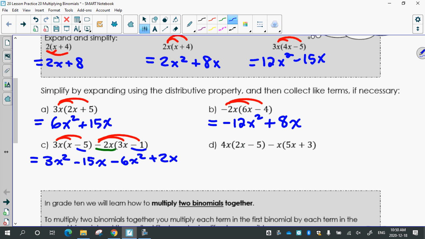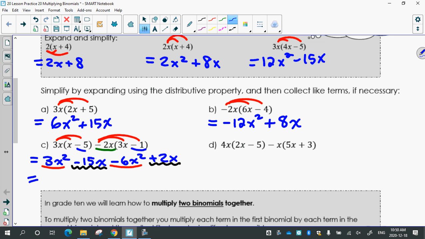Okay? And then it goes to like terms, way back in grade 9 again. X squared terms need to be underlined in one color or a certain type of underlining. And then plain x terms, a different kind of underlining or a different color. And then you can collect them.